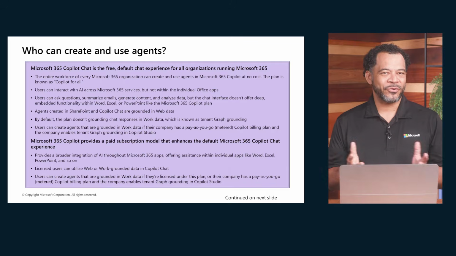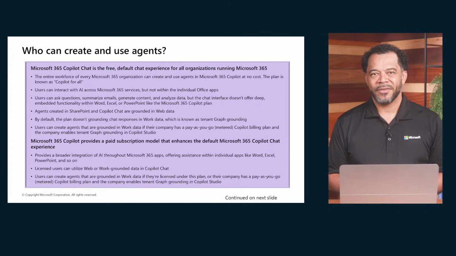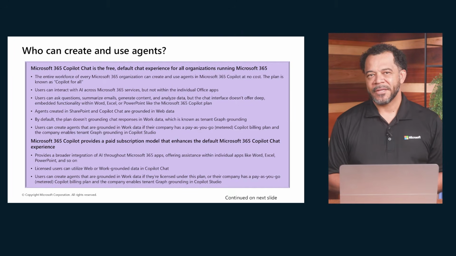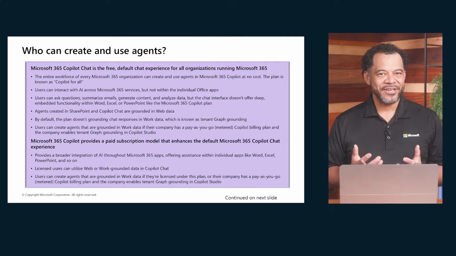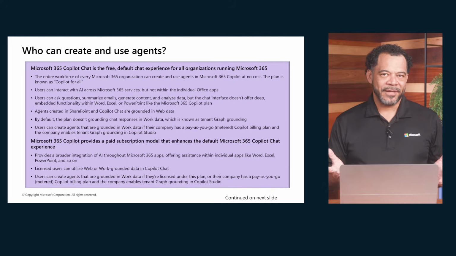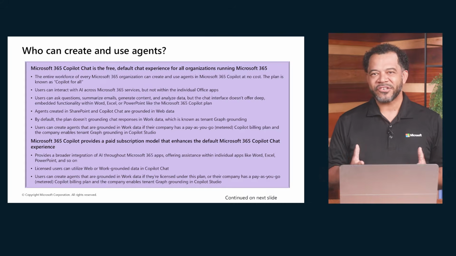But what if you want your agents to work with internal company data, what Microsoft calls work data? That's where tenant graph grounding comes into play. To enable this, your organization needs either a paid Copilot license or a pay-as-you-go billing plan. Once that's in place, agents can be grounded in your company's internal data, making them much more powerful and even context-aware.